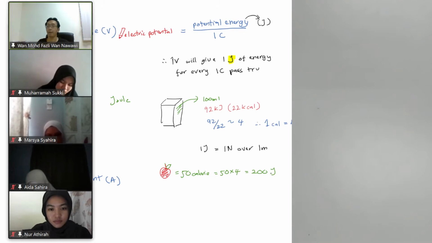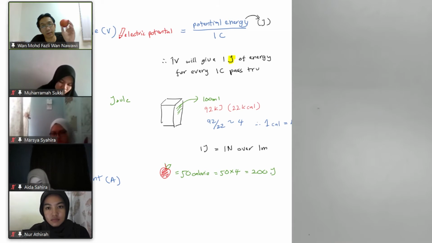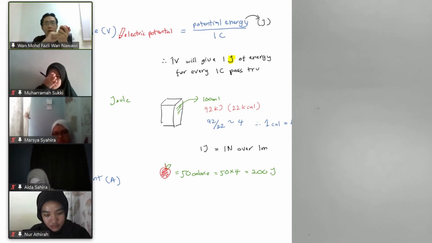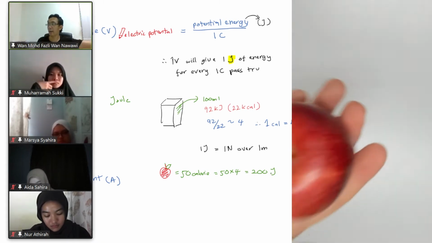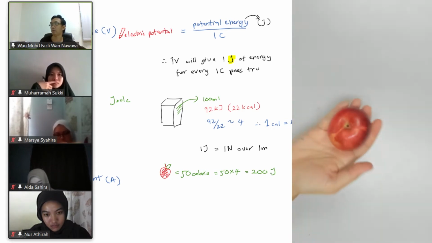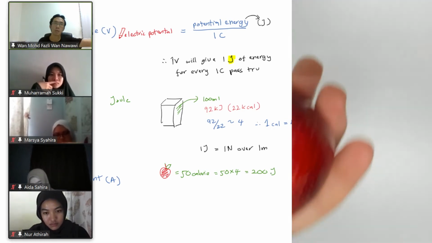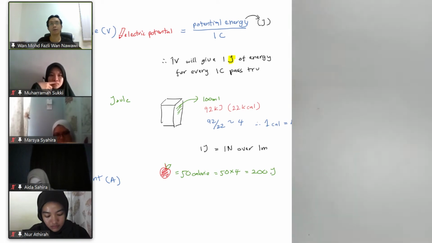So if I eat this 100 gram, 50 calorie apple, in order to burn it all, I need to raise this apple up and down 200 times, because 200 times means 200 joule. When I do it 200 times, the calorie that I consume will be burned. So that's the feeling of how much a joule is.